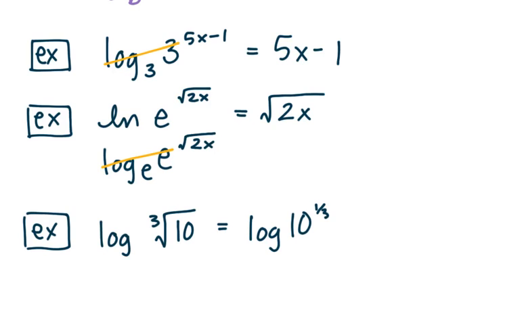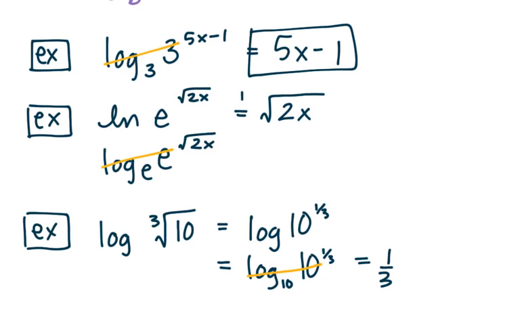Keep in mind, this is a common logarithm, so this is log base 10 of 10 to the 1/3. Because the base on my exponent and my log are the same, this simplifies just to 1/3. So I had three things I could simplify there.